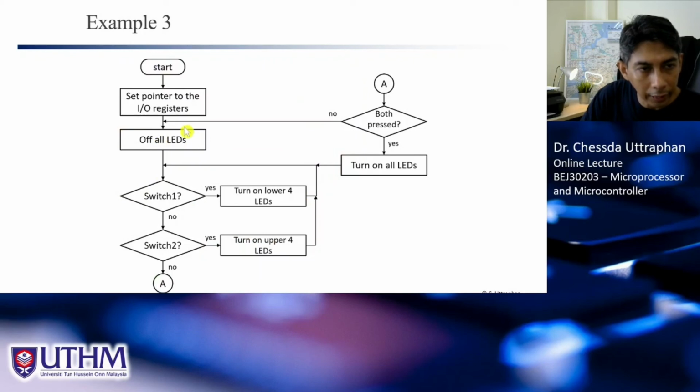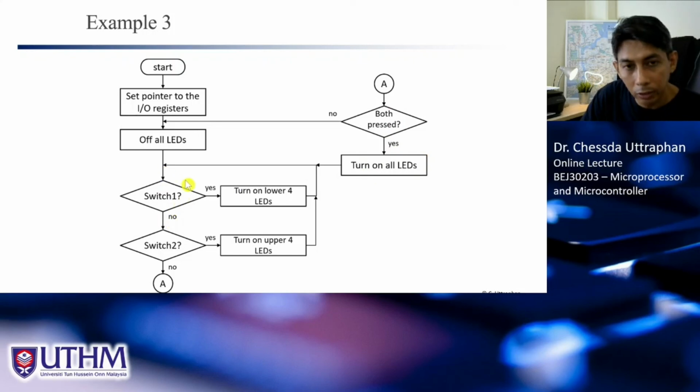We turn off all the LEDs first, and we check whether switch 1 is pressed or not. If pressed, we turn on the lower 4 LEDs. But if not, we check switch number 2. If pressed, we turn on the upper 4 LEDs. But if not, we need to check whether both switches are pressed or not. If yes, we turn on all LEDs, but if no press, we go back and check again, right?